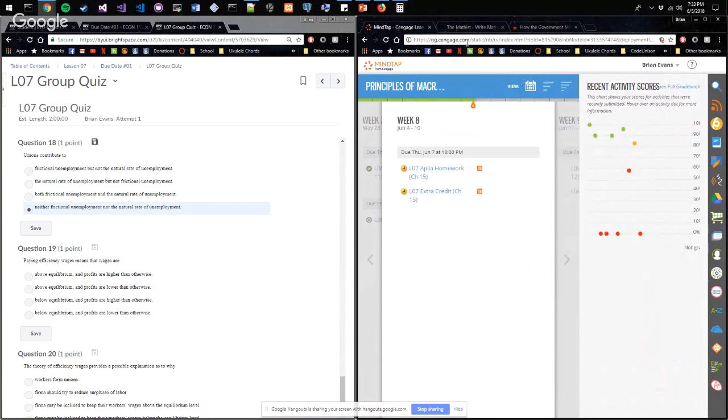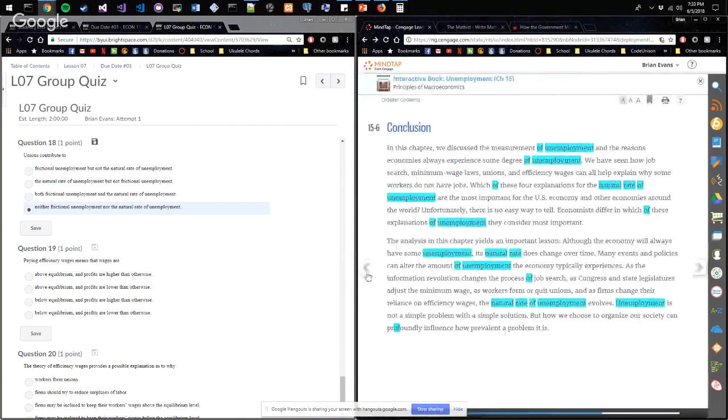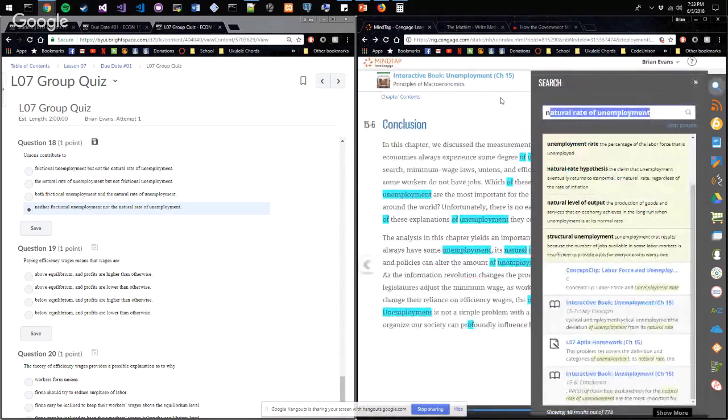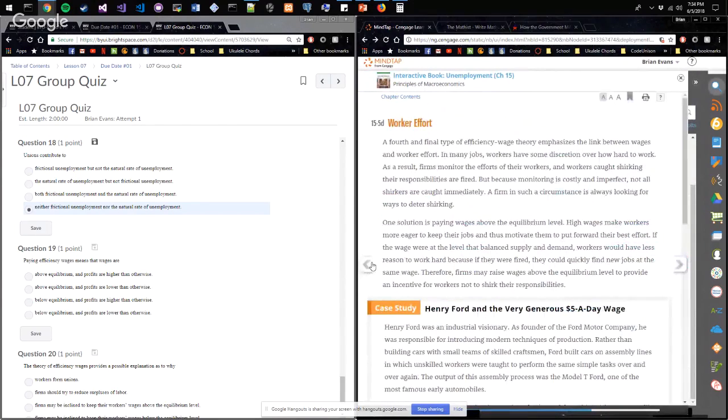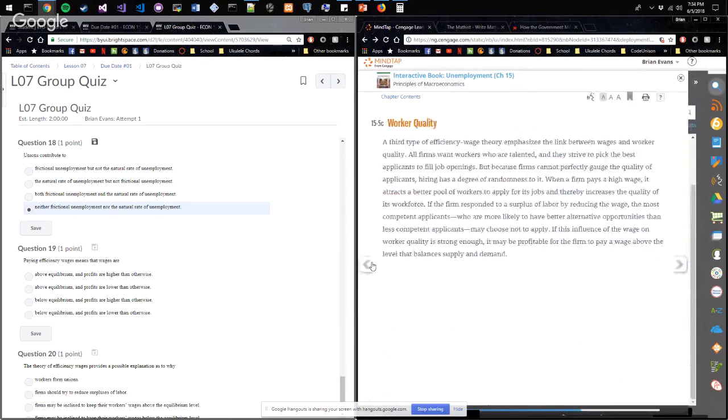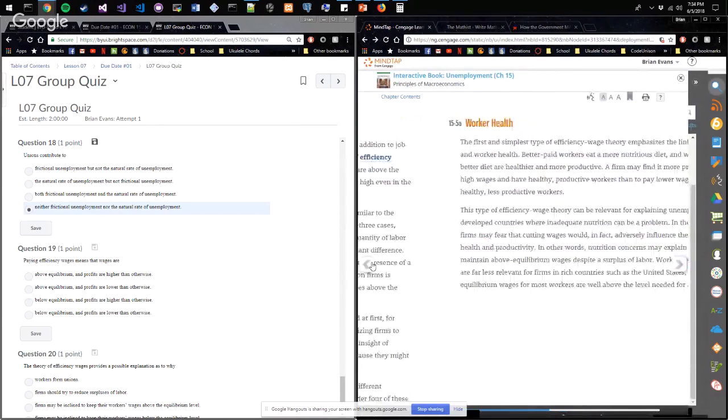So B or D. And the natural rate of unemployment, I don't know if it would contribute to that because unions are like their own little breed. Yeah, I'm gonna say D on that one, I think.